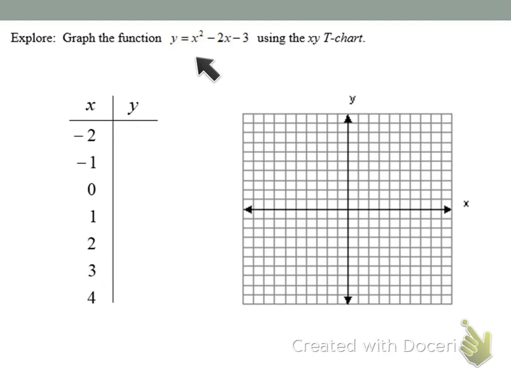But we've got to figure out how to plug these numbers in. So if I plug -2 in to the X piece, I have to say, okay, -2 in parentheses squared, -2 times -2 in parentheses, -3. And we do that for every single thing in the T-chart.